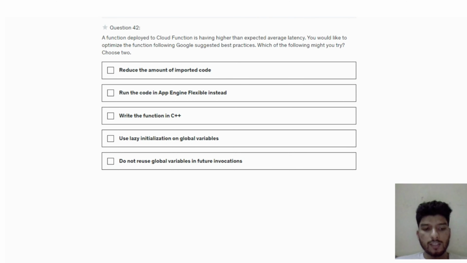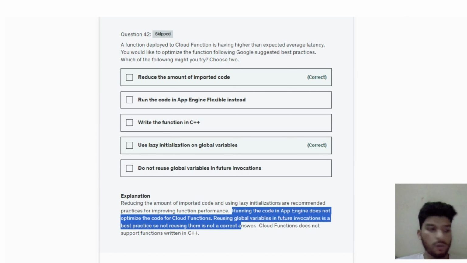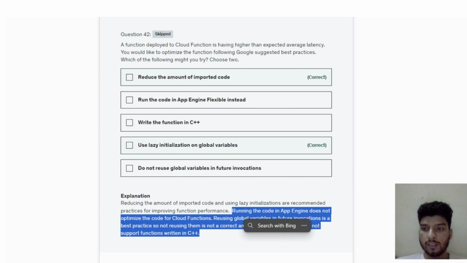So the right answer is option A, reduce the amount of imported code, and option C, use lazy initialization of global variables. These are recommended practices for improving the function. Here are the other options you do not use, and these are incorrect answers.